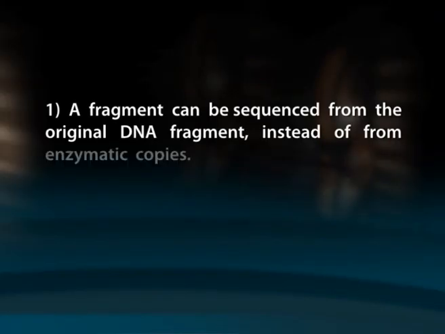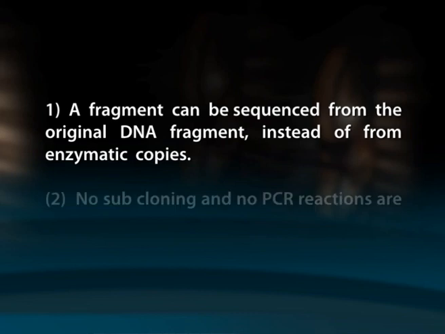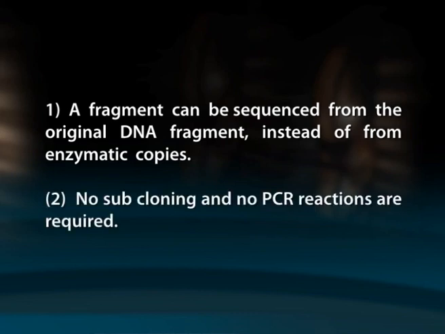In conclusion, the main advantages of the Maxam-Gilbert method when compared with other methods are: 1. A fragment can be sequenced from the original DNA fragment instead of from enzymatic copies. 2. No subcloning and no PCR reactions are required.